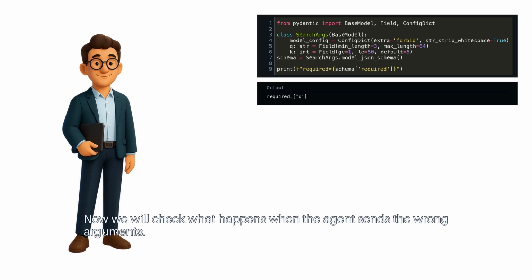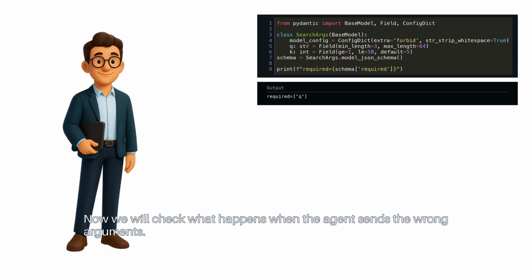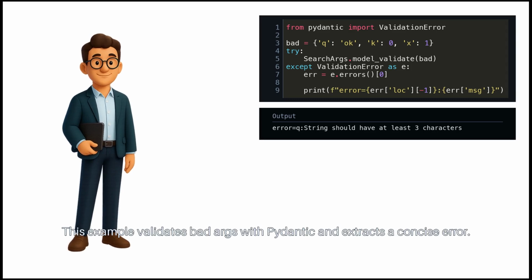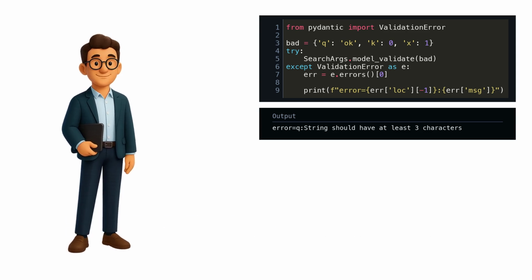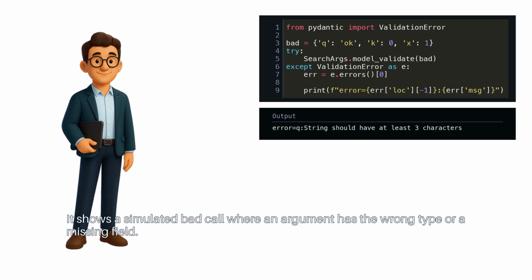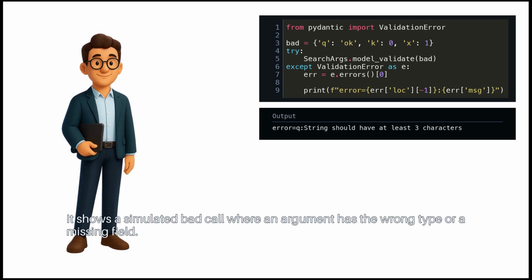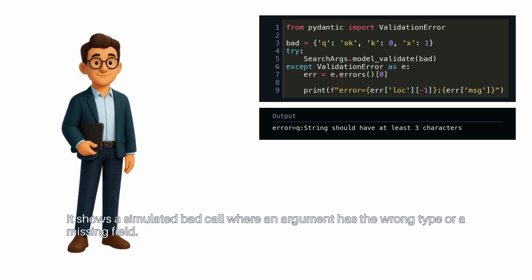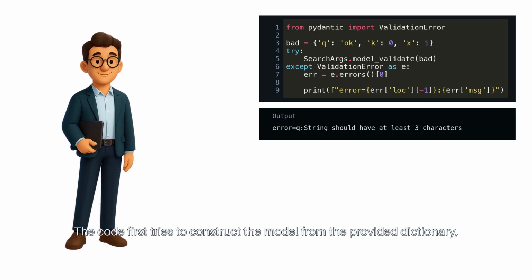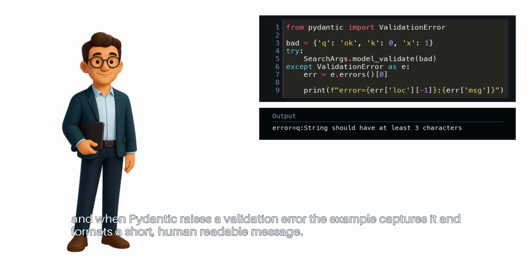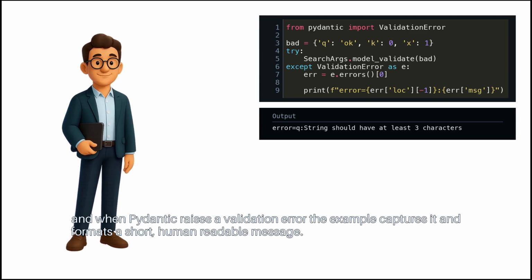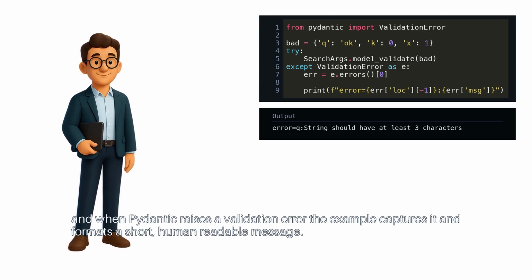Now we will check what happens when the agent sends the wrong arguments. This example validates bad args with Pydantic and extracts a concise error. It shows a simulated bad call, where an argument has the wrong type or a missing field. The code first tries to construct the model from the provided dictionary, and when Pydantic raises a validation error, the example captures it and formats a short, human-readable message.